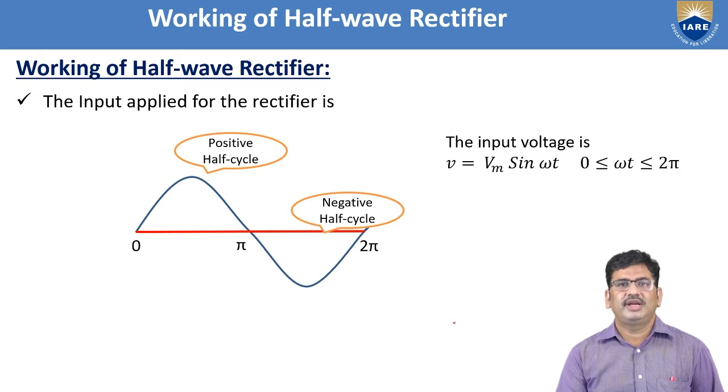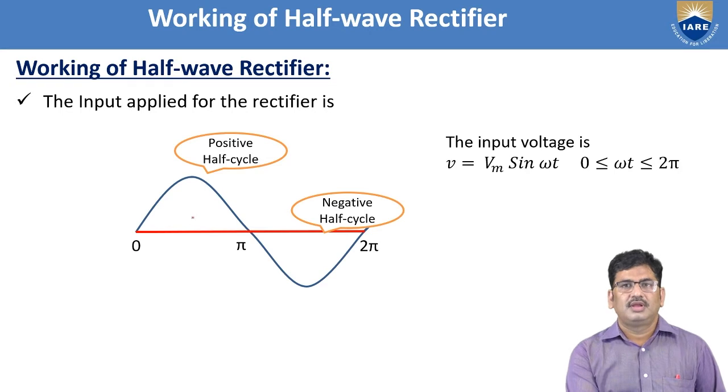So the range of omega t we can write as 0 less than or equal to omega t less than or equal to 2 pi. A single pulse of a sinusoidal signal consists of a positive half cycle as well as a negative half cycle. So the working principle of the half-wave rectifier we will discuss with respect to the positive half cycle followed by the negative half cycle.